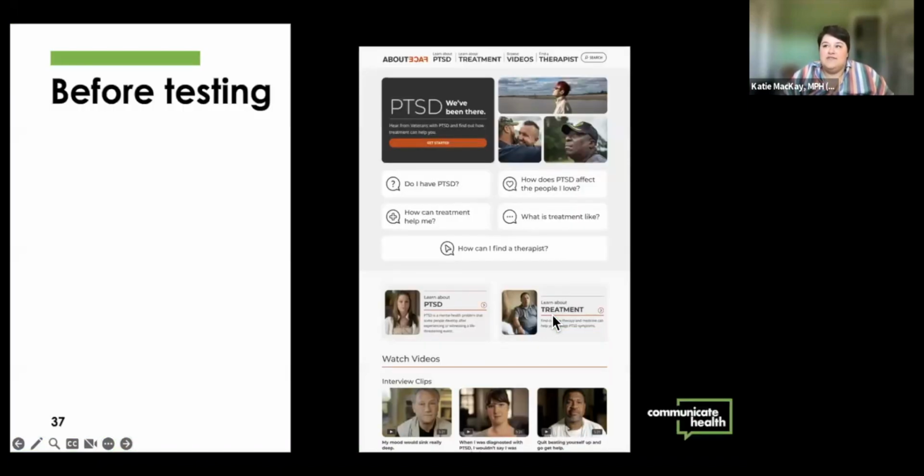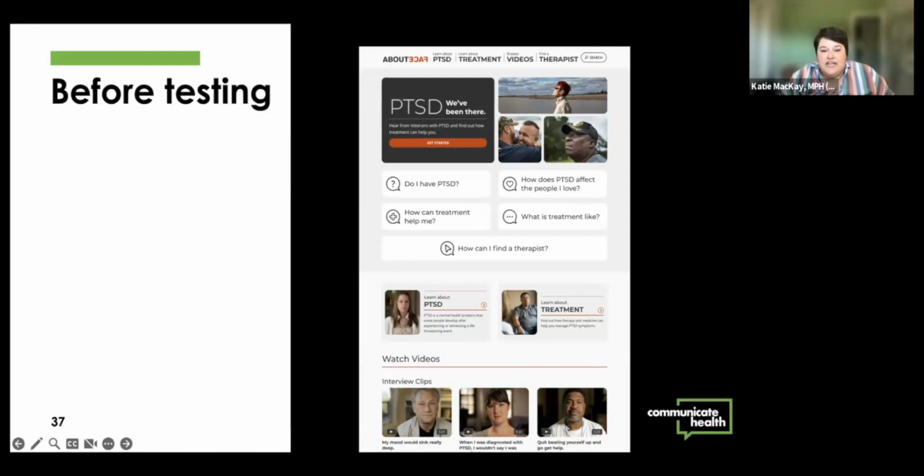Whenever we get audience feedback, we invariably get insights that help us to create health education materials, websites, and other communications that are effective and contribute to health equity. So in this example here, you see before testing, this is a website, and this was a mock-up that was tested.